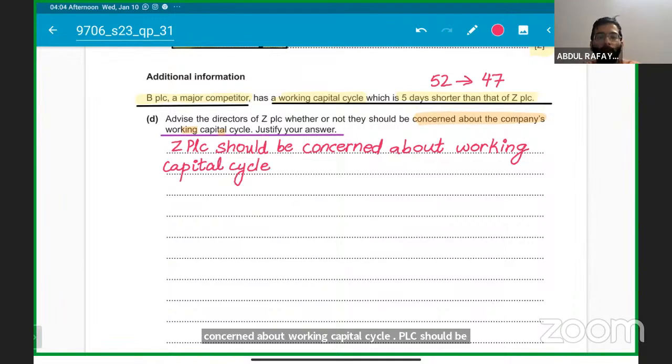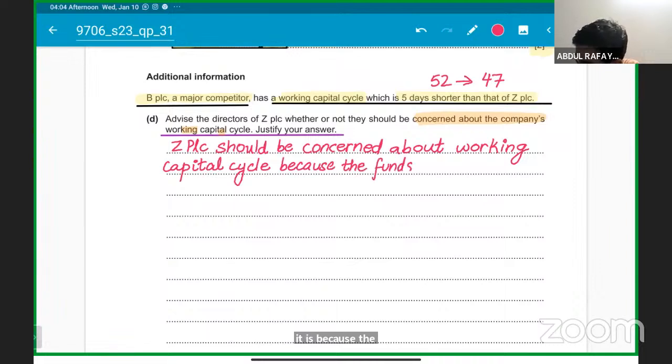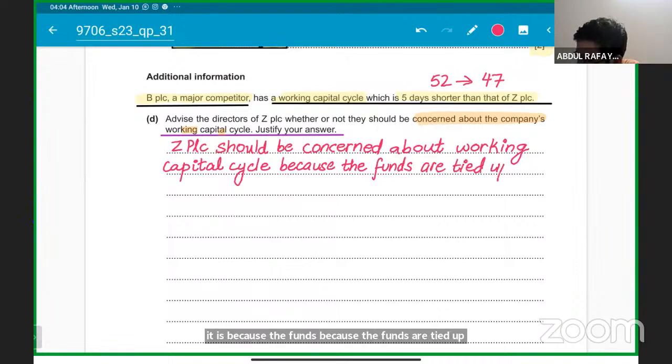Why, students? ZPLC should be concerned about the working capital cycle because the funds are tied up for 52 days, almost 2 months. Okay, everyone getting it?